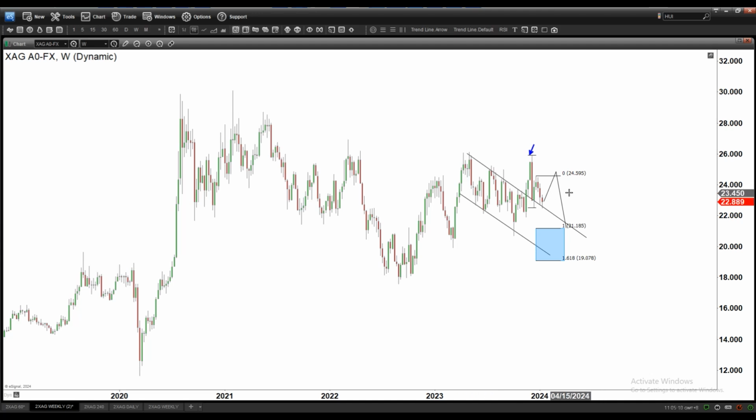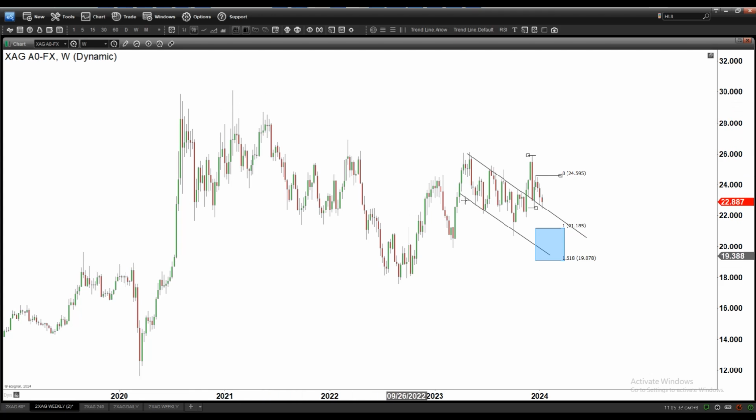Now that will be disappointing to some people, but yeah, it's possible we can continue to get sideways for many months in precious metals. So until we get out of all this range, I don't see any conclusion whatsoever, guys. You can forecast one way or another, but in reality, the best instrument to trade is the one that is trending, not the one that is sideways.